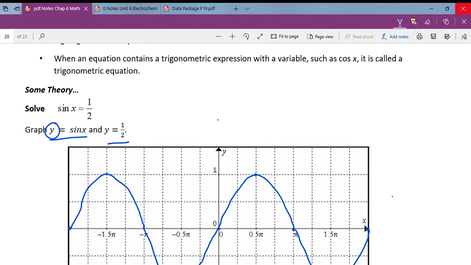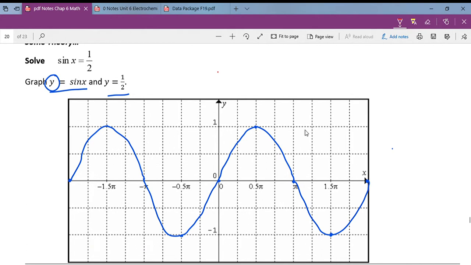So I'm going to draw us a horizontal line at y is equal to a half. I'm looking for all the x values that give me this y value of a half. So I've got here, I've got here, I've got back here, and I've got over here. And I'm looking for what are those x values.